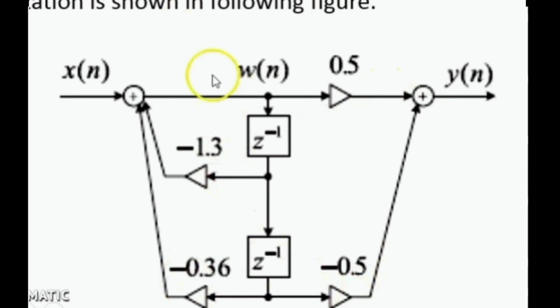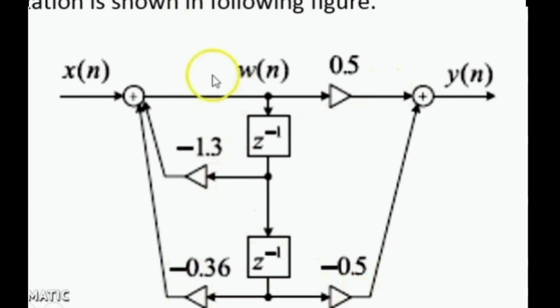Direct form 1 requires more memory to store the filter state due to the increased number of delay elements. Direct form 1 is a cascade of a zero filter followed by a pole filter, whereas direct form 2 is the reverse order.